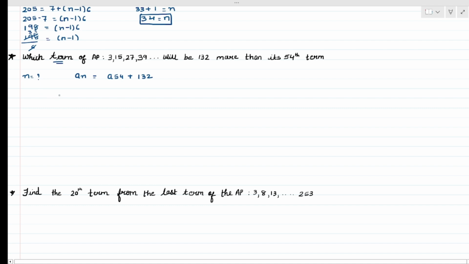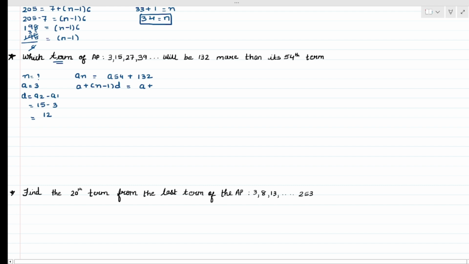Okay, so write down the formula. What is the formula of AN? First of all, what is your A? Your A becomes 3. What is your D? D equals A2 minus A1. That means 15 minus 3 gives me 12. So D becomes 12. My formula of AN is A plus N minus 1 times D. So instead of AN, we are substituting A plus N minus 1 D. What is my A54 formula?